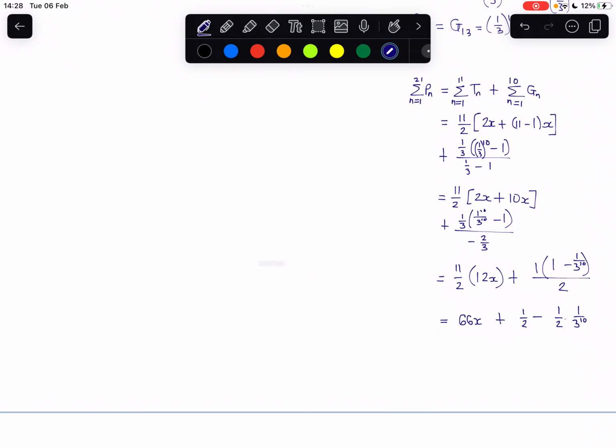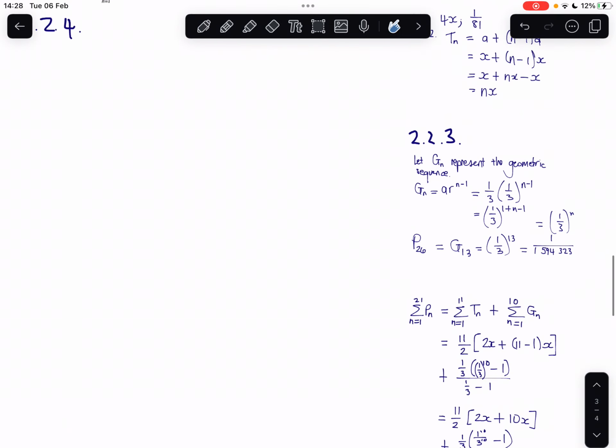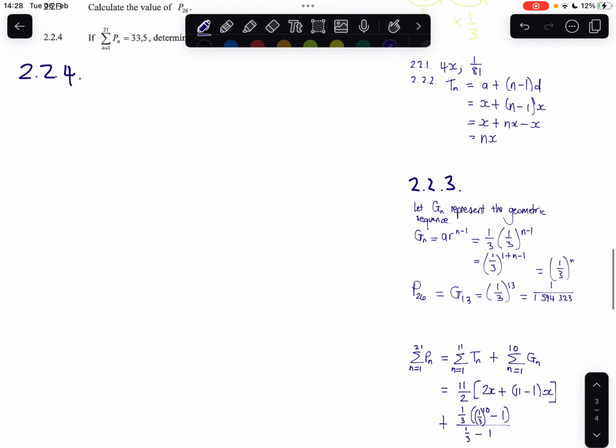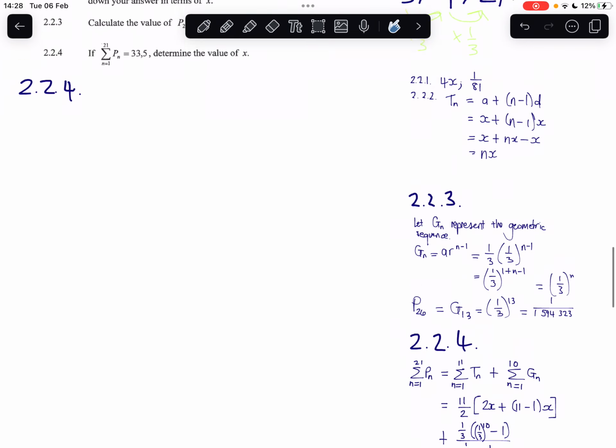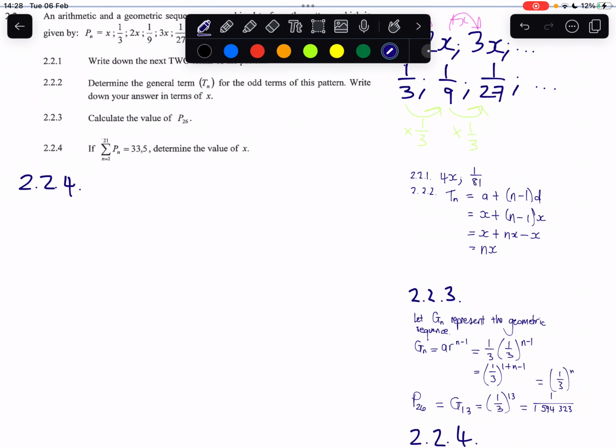Okay, so heading right back up here, we were told that this sum is 33 and a half.